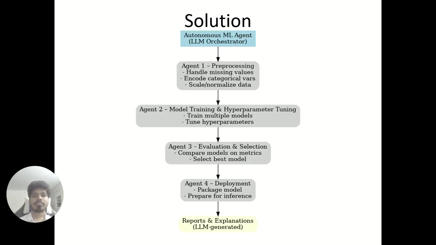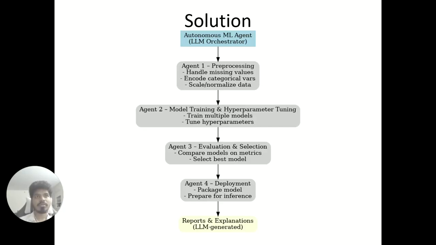Introducing the autonomous ML agent, which is orchestrated by large language models. I thought of around four agents: one for data pre-processing, second for tuning, third for evaluation and selection, and then deployment.